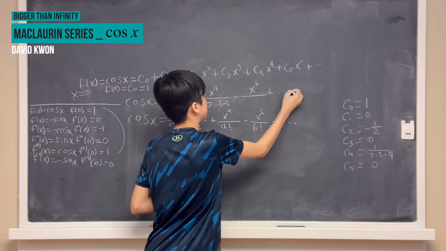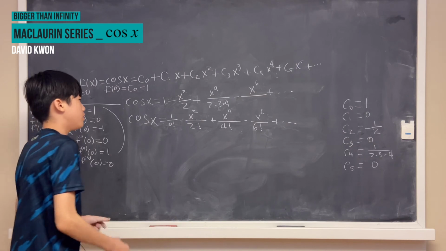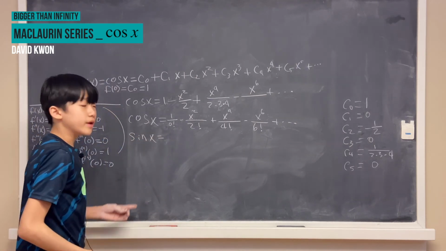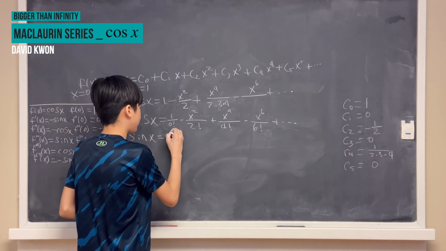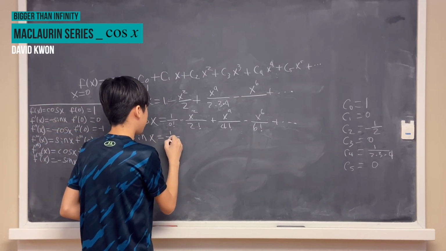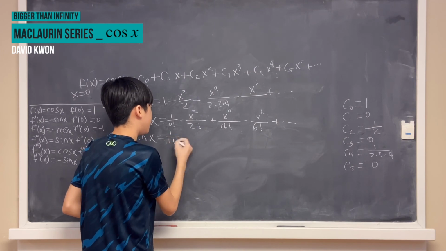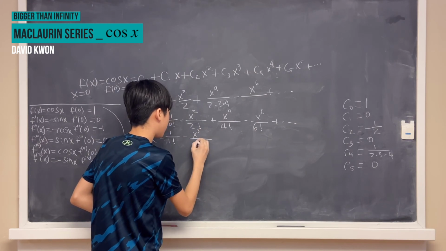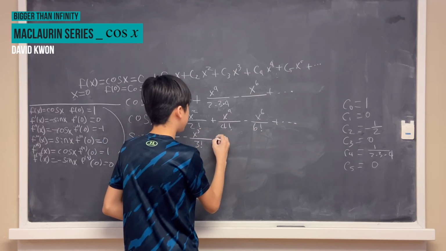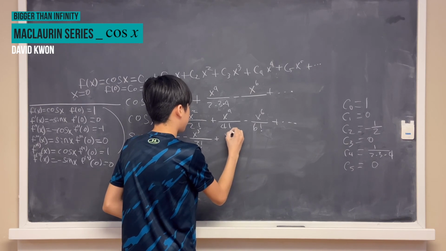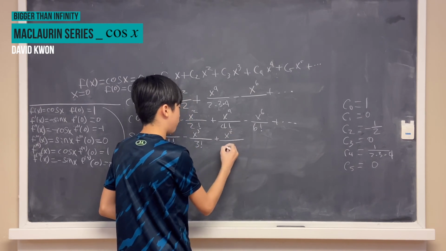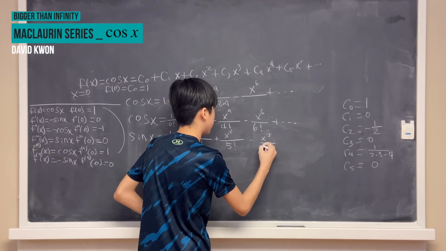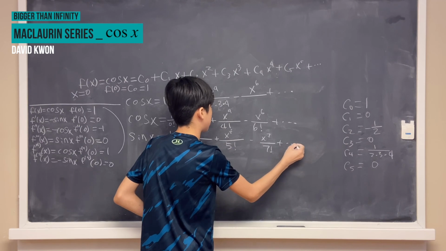Keep forgetting that. From our previous video, we found out that sin x written down in polynomial form is x over 1 factorial minus x to the power of 3 over 3 factorial plus x to the power of 5 over 5 factorial and minus x to the power of 7 over 7 factorial plus dot dot dot.